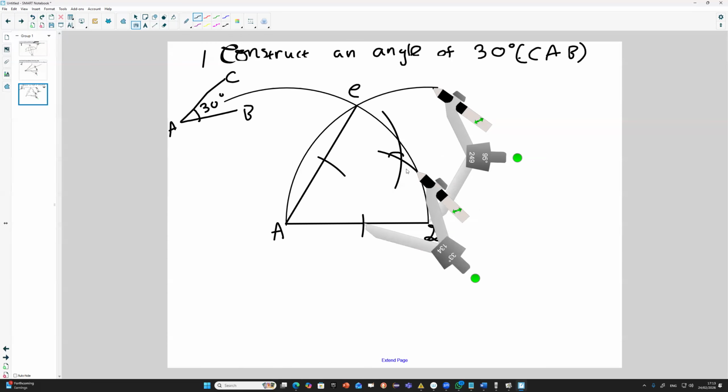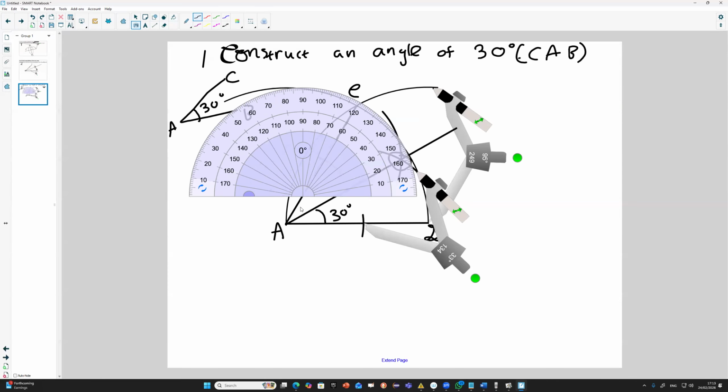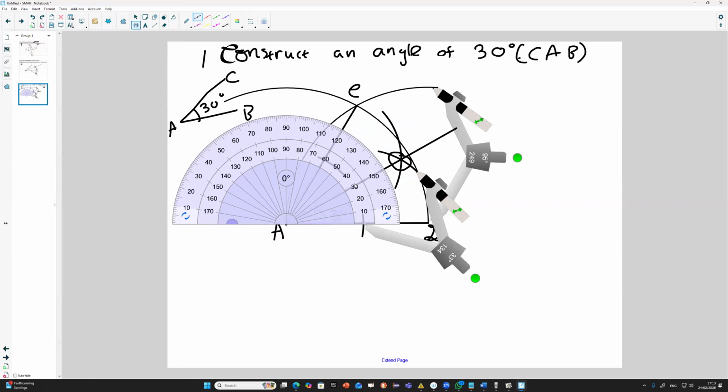And then where the two arcs intersect, you can join A to it. And then you've got this angle here, which is 30 degrees, which I can measure. We can see that is pretty much bang on 30 degrees. Is that okay?